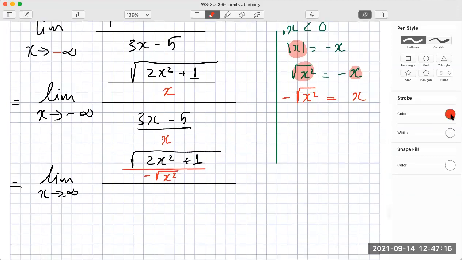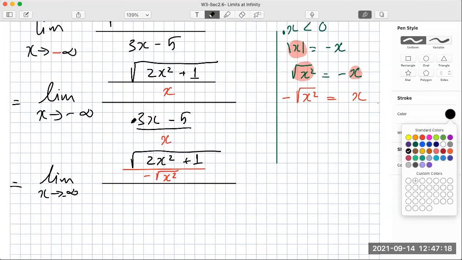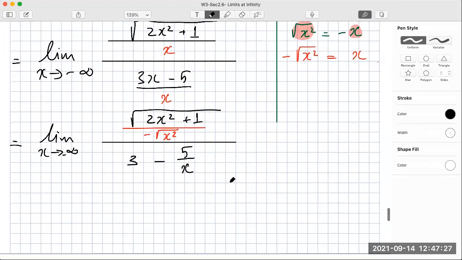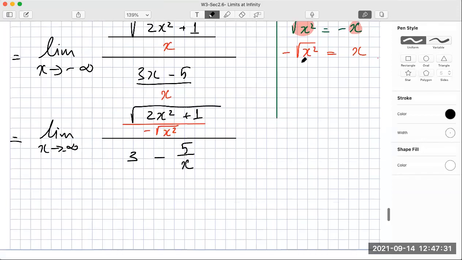Oh, nice. And the denominator, let us simplify it, right? It will be 3 minus 5 over x. Yes, very good. Now the same trick here. The negative sign here, we can always write as -1 times square root of x squared.